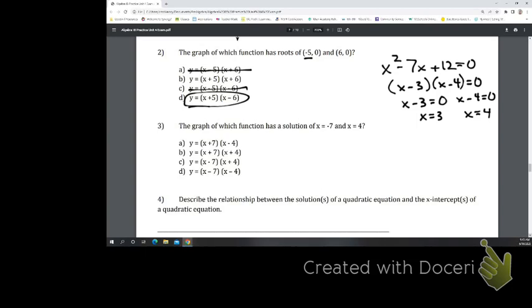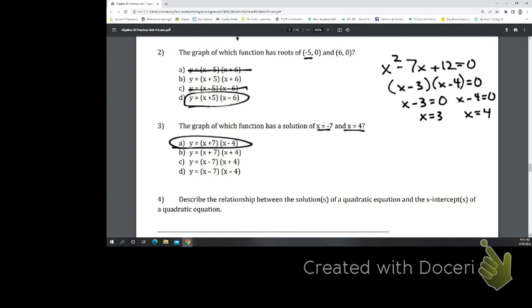And number 3, they use solution instead of roots. And this is also why when you were asking how can I write it, I said you could write it like this, or you could write it with the zeros, because it means the same. So again, we're just looking for the opposite signs of those. So the 7 needs to be positive, and the 4 minus 4.